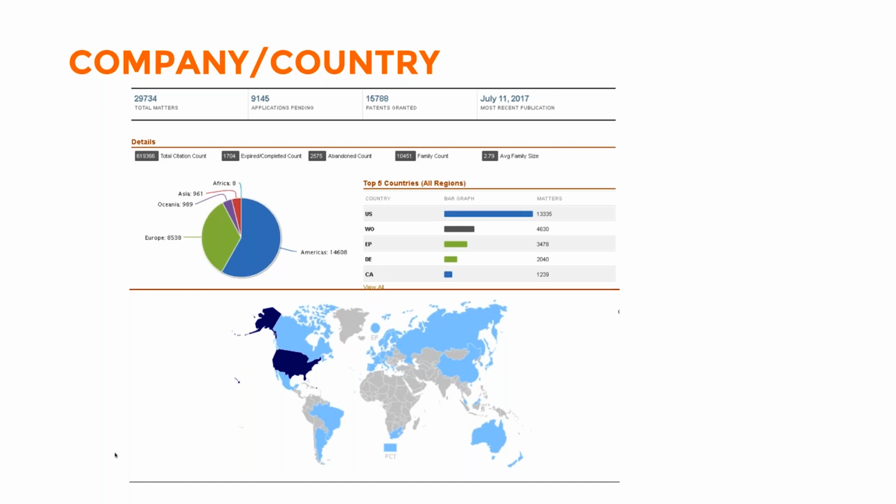As you can see by the global map here, Medtronic doesn't really look to its patent portfolio to help it to a great degree in the Southeastern Asia region, the Middle East, and all but a few countries in Africa. And so it just comes out at a glance.